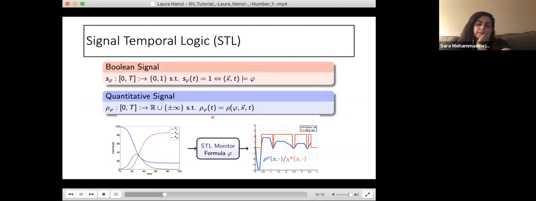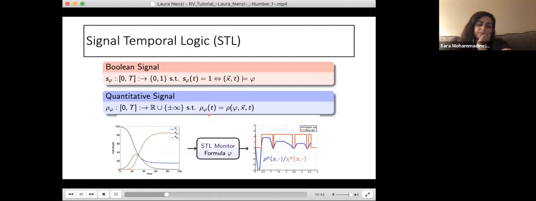So as a result, you can have a Boolean signal for the Boolean semantics or a quantitative signal for the quantitative semantics. We say that the signal at a certain time step t is equal to 1 if and only if the trajectory at the time t satisfies the formula.